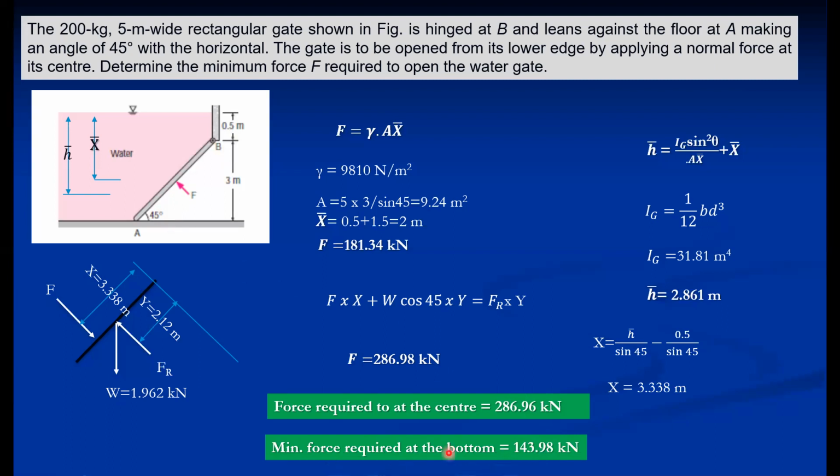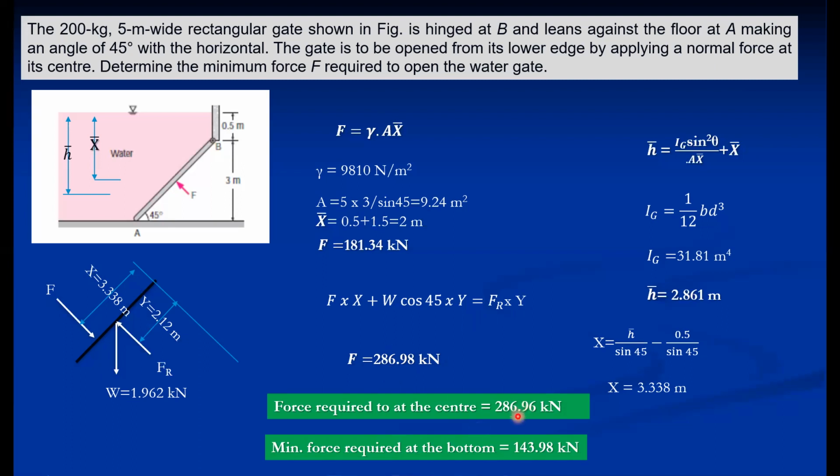So the minimum force required at the bottom is 143.98 kilonewton. If we apply the force here, this Y distance is exactly double. So instead of 2.12, it is exactly double, so the value of force is reduced by half.